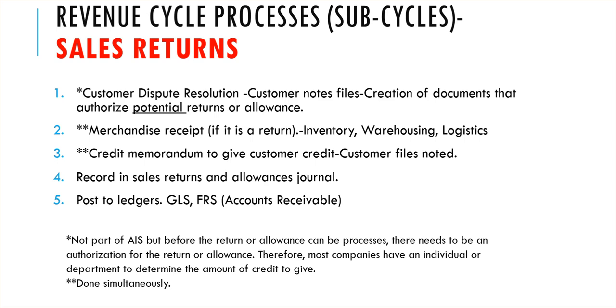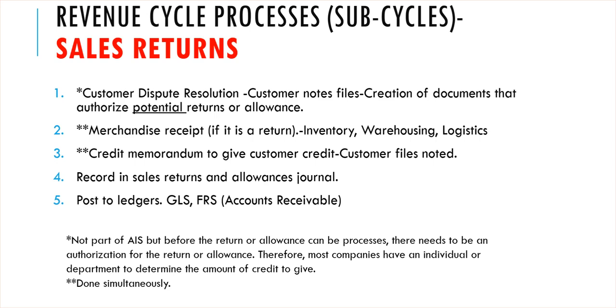An allowance is different from a return, because in a return you have the merchandise being sent back and received in. When you want an allowance, you are making a claim that there's something wrong with it, but you can still use it. That is, the customer is saying, I can still use the thing, but it doesn't have the value that I originally agreed I was going to pay for that item.